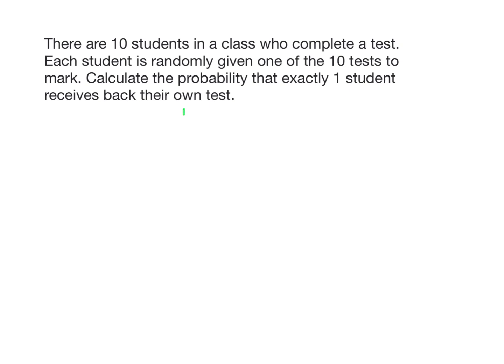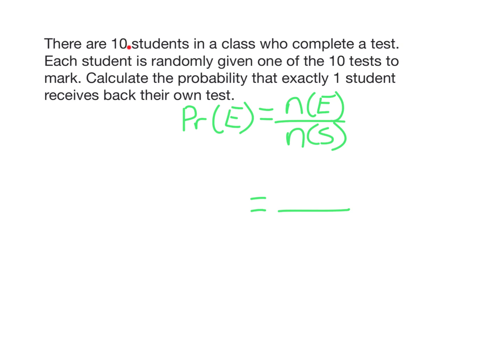So the probability of an event is equal to the number of ways it can occur over the total number of outcomes. So if we are taking 10 students' tests and randomly distributing them amongst the 10 children, the total number of outcomes will be 10 factorial. That's the total number of possible arrangements.